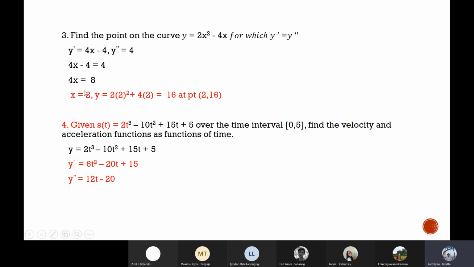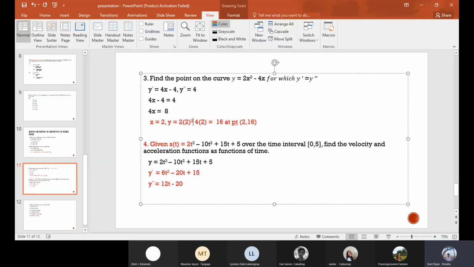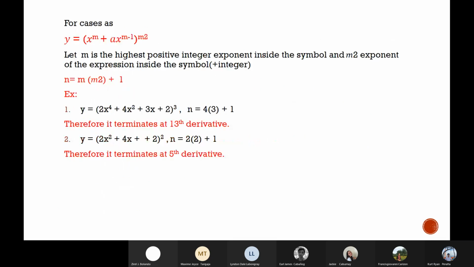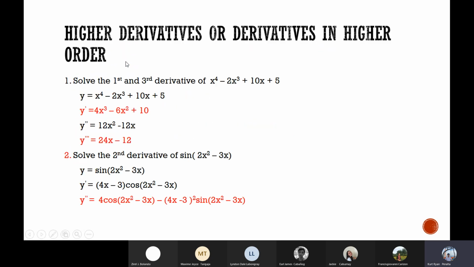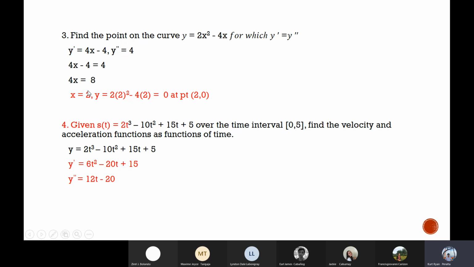Then we have found the value of x. In order to find the value of y, we just substitute the value of x equal to 2 into the function.